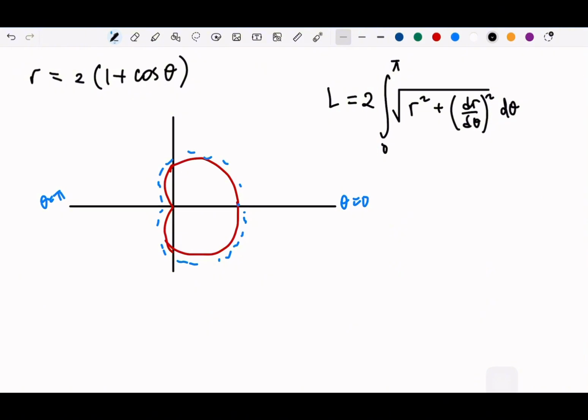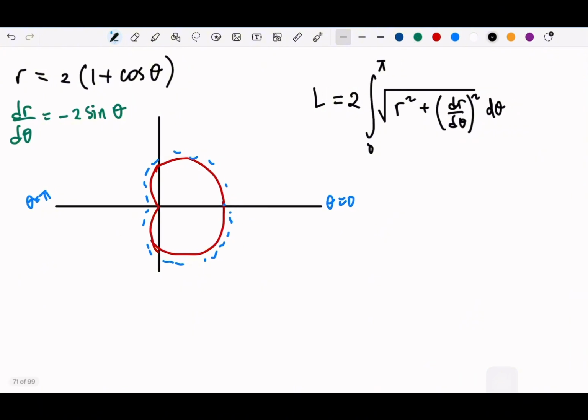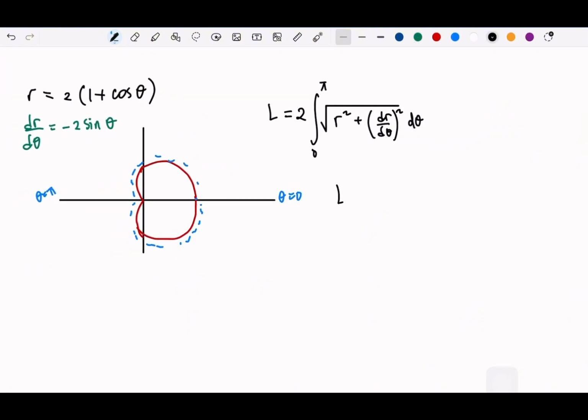Okay. So I think we can also check dr d theta, which is negative 2 sine. And then we can put everything inside. So 2 plus 2 cosine theta squared plus negative 2 sine theta squared.